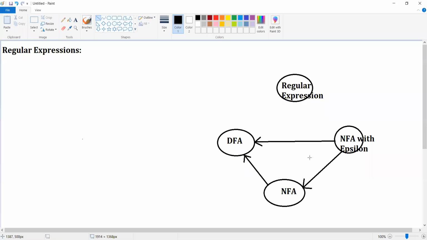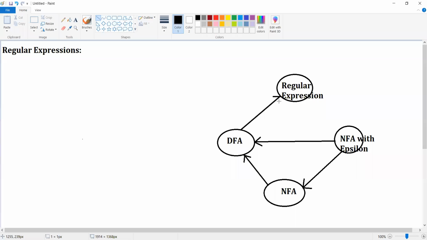Now we need to show the relationship between the regular expression and the DFA, and the regular expression and the NFA with epsilon. So what is that relationship? If you have a deterministic finite automata, or any automata with you, you can easily construct the regular expression.